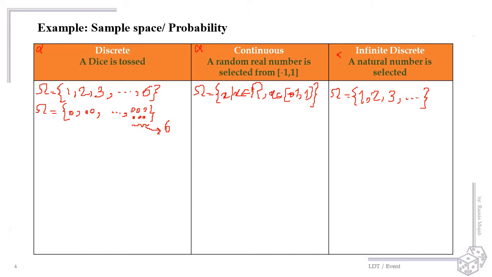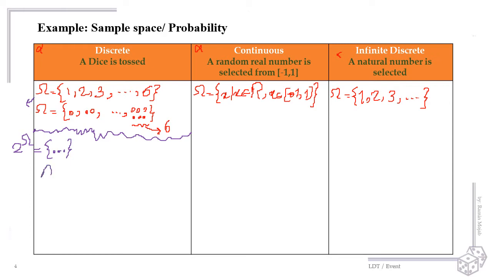It's an infinite set. If you remember from elementary statistics, we are generally, especially in the discrete case, concerned with the power set. I use this sign to denote it. It's a big set of the subsets of omega.